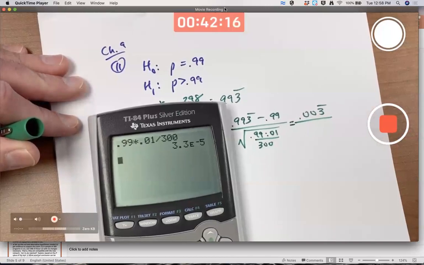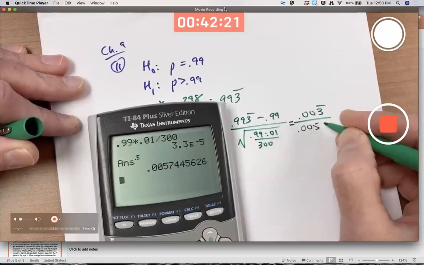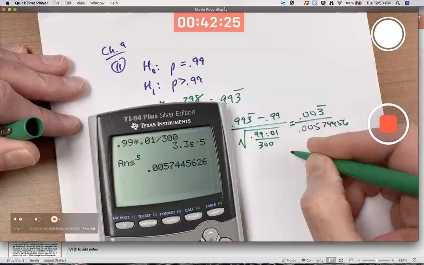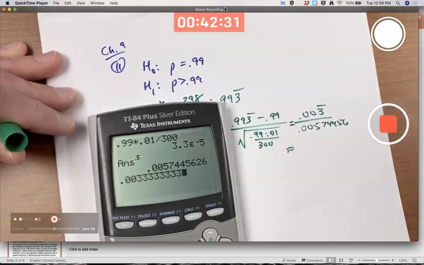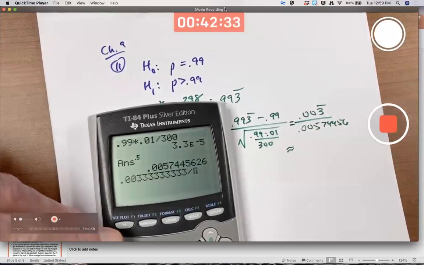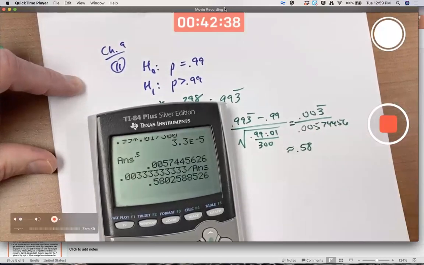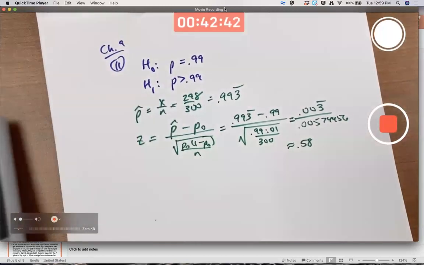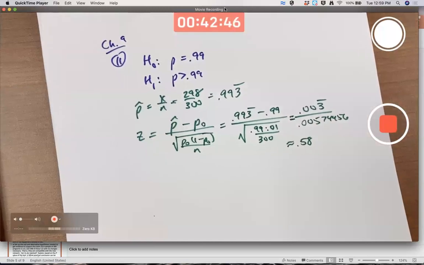But I'm taking the square root of that. It gets a little bit bigger: 0.00574456. The ratio in this case is going to be relatively small, about 0.58, say. But it's hard to know that until you actually do the calculation. It could have been bigger, like 2 or 3.